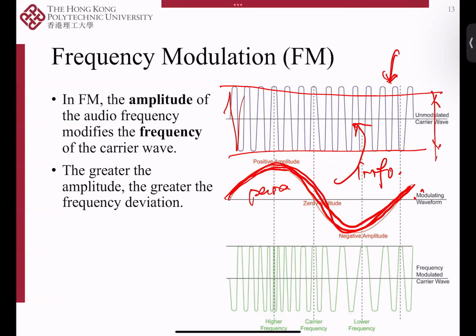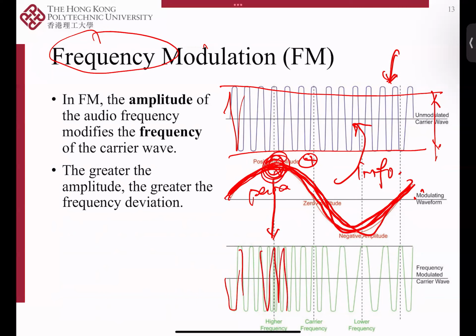Here, the adjustment is on the frequency of the original signal, which means if our information is larger, for example on top of this part, then correspondingly we make the carrier's frequency also larger. In the beginning it's the same, but where the information is larger it becomes more intensive.